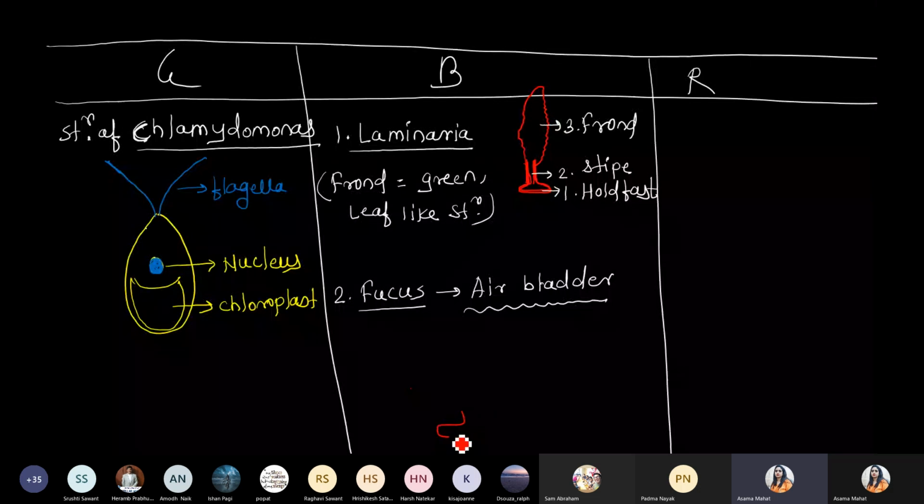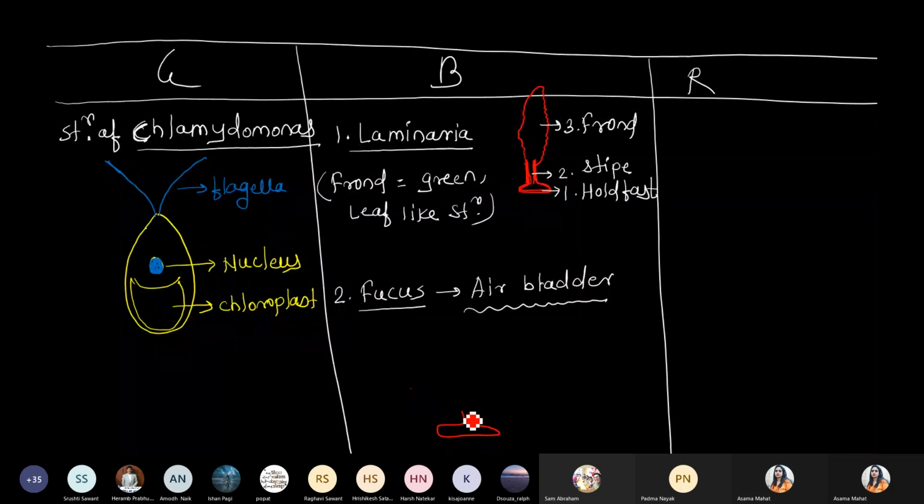There is a presence of this holdfast, a stick-like structure, but it is multicellular, right? So we have to draw branches.